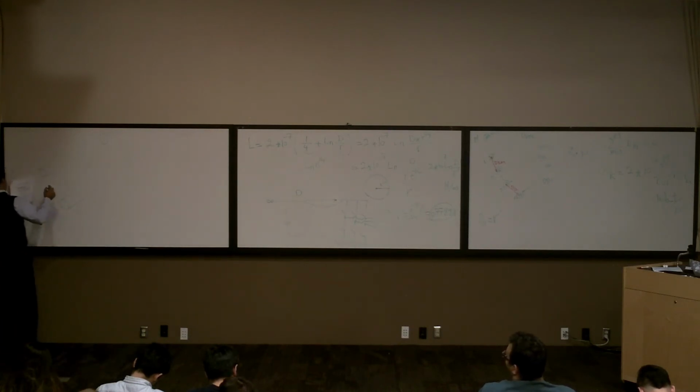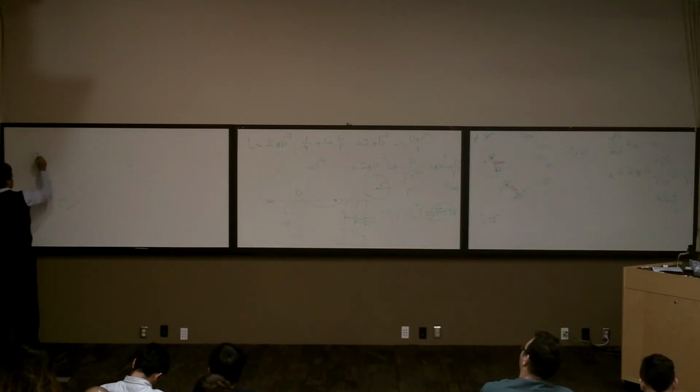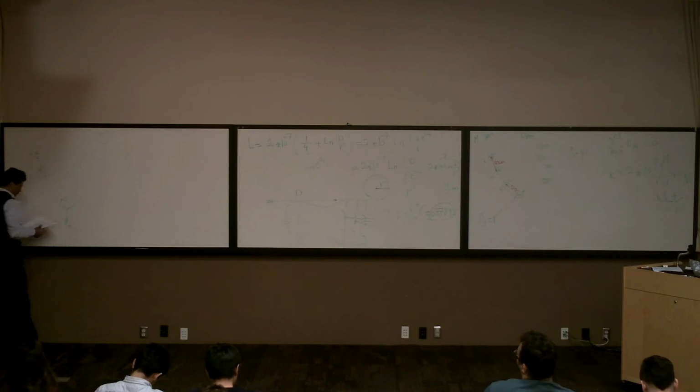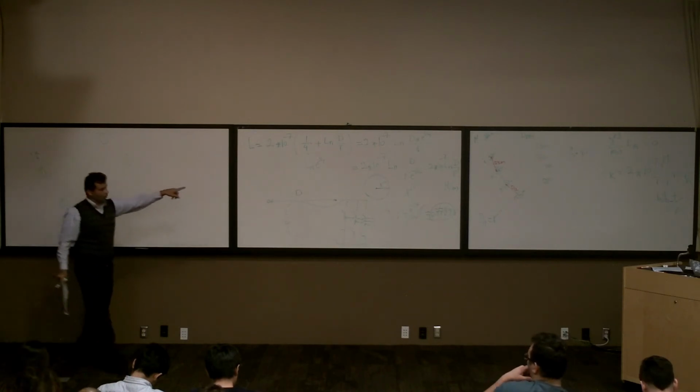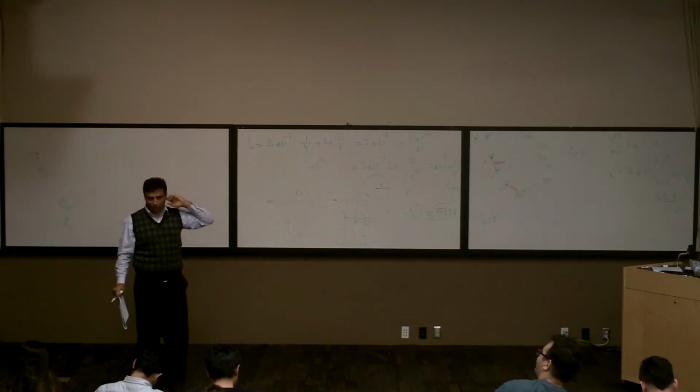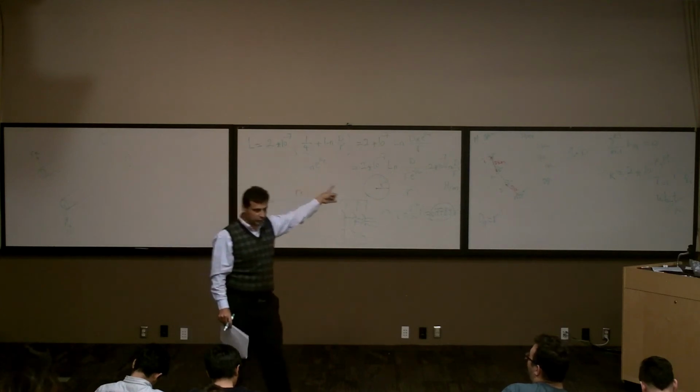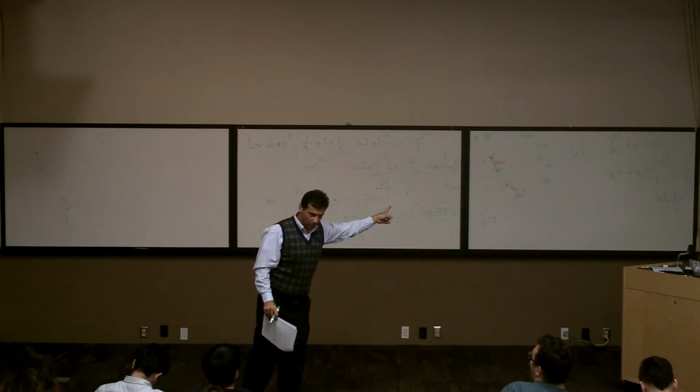Now, I have two conductors. Let's say the radius of this one is Rx, and the radius of this one is Ry. What we said over there is that the only condition was that the sum of I should be equal to 0.